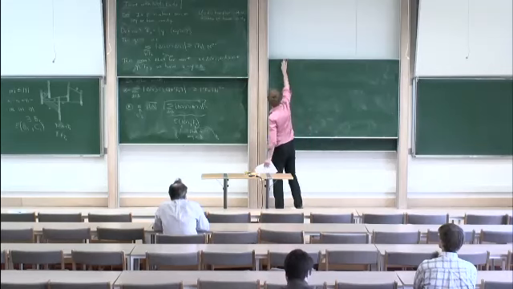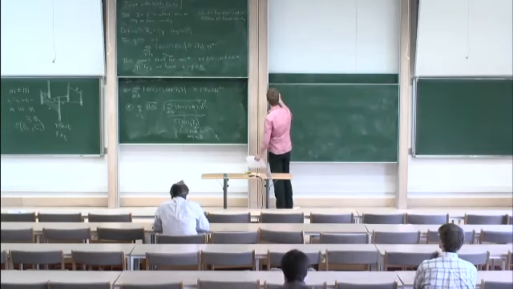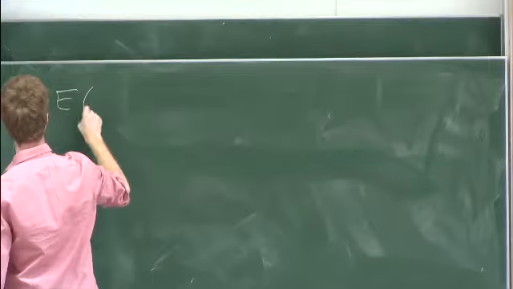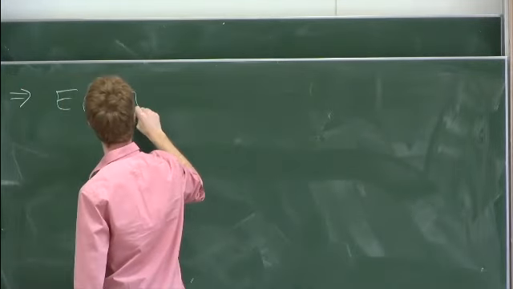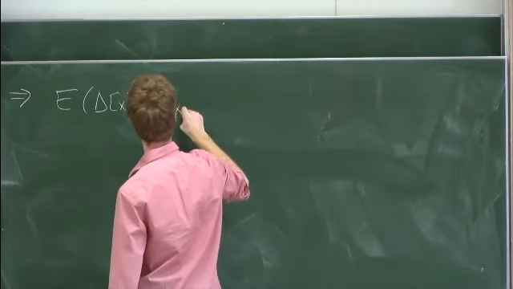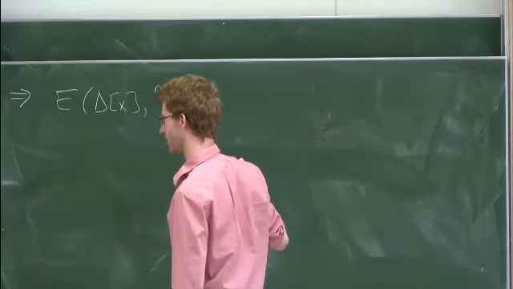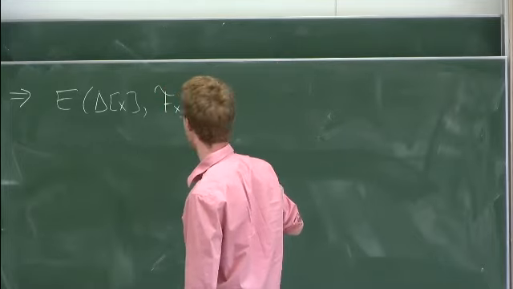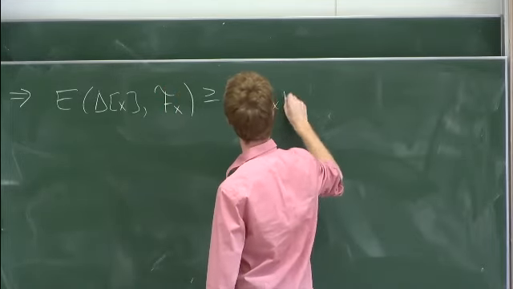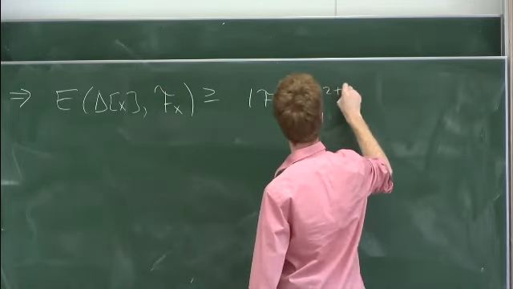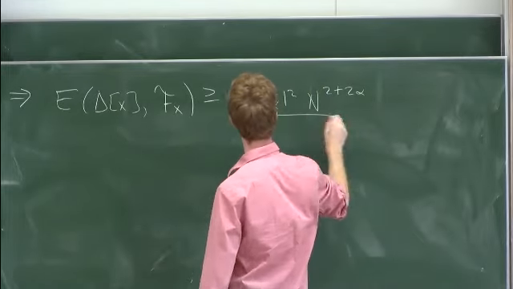Right, so all of this implies that the energy of delta bracket x with this other thing, friends of x, is bigger than size f of x squared n to the 2 plus 2 alpha divided by the size of delta.